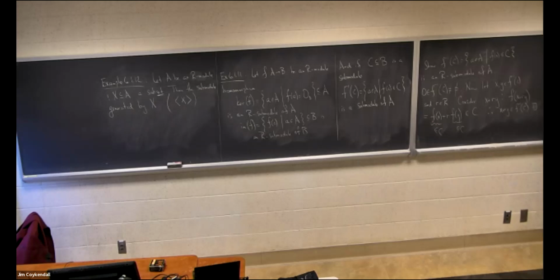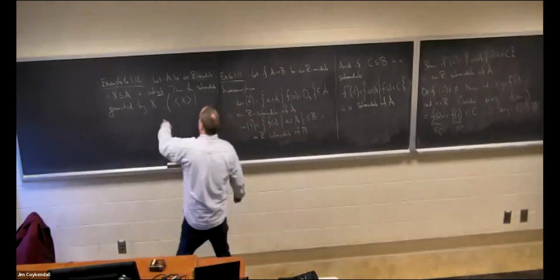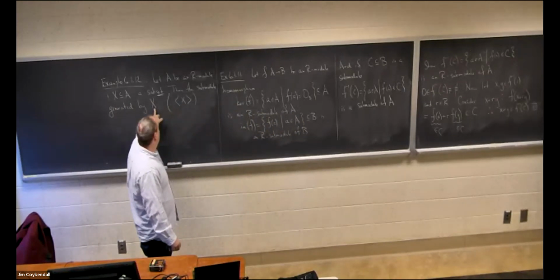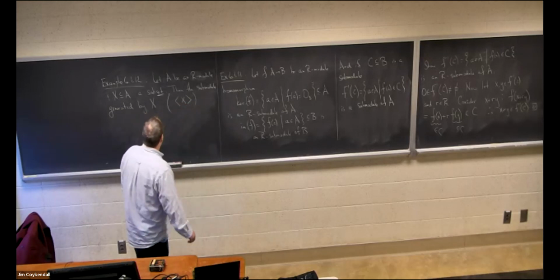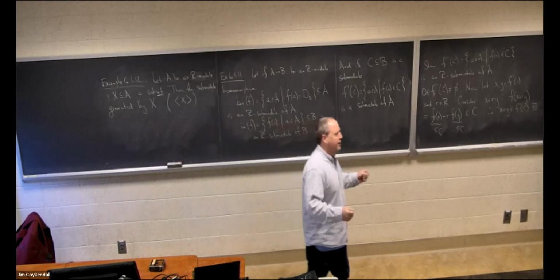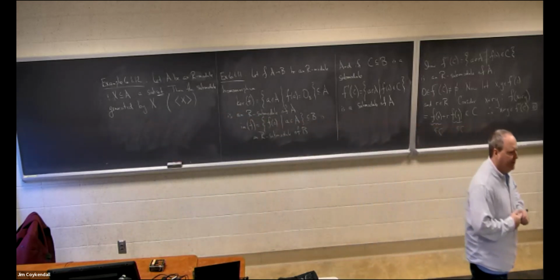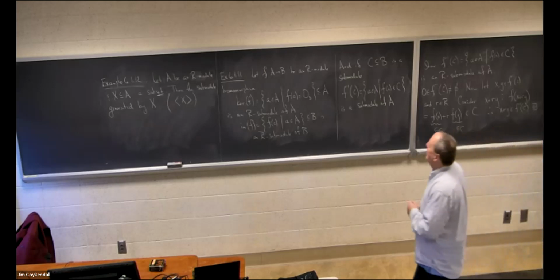It is the smallest submodule of A that contains all the elements of X. So it could be all of A, but it might be something lesser. For example, if X consisted only of the 0 element, I would expect the submodule generated by 0 to be 0. Everybody agree with that? How do I formalize this being the smallest submodule of A that contains all the elements of X? Anybody want to take a stab? Yeah. The intersection of every submodule containing X. Correct.